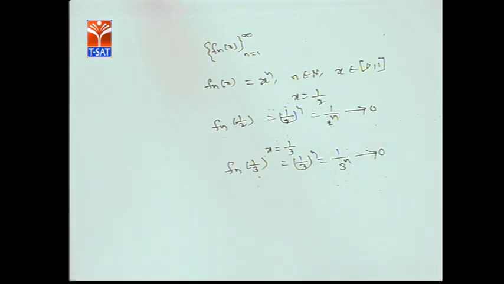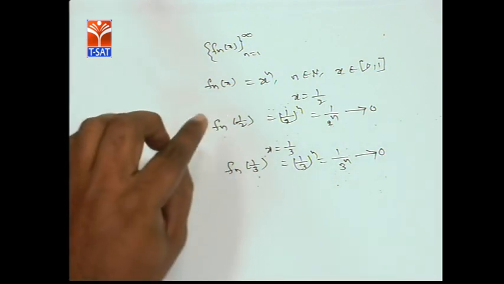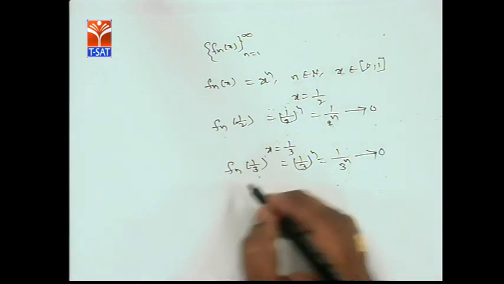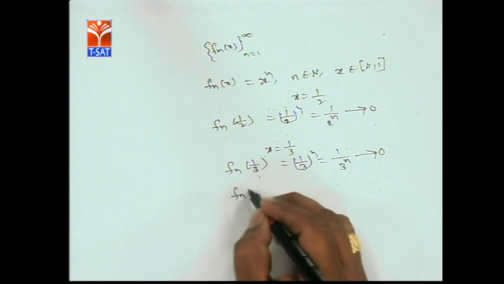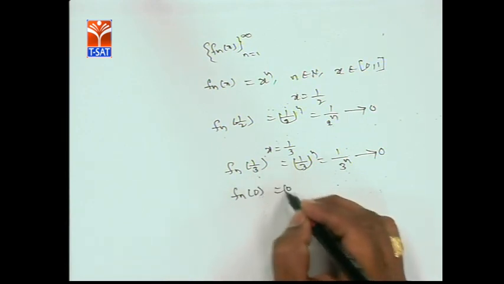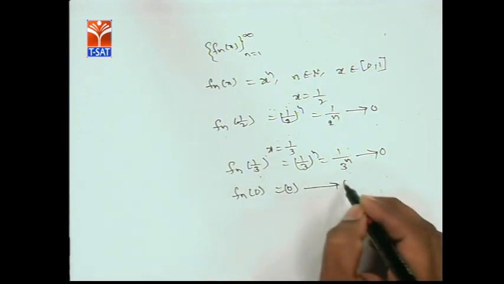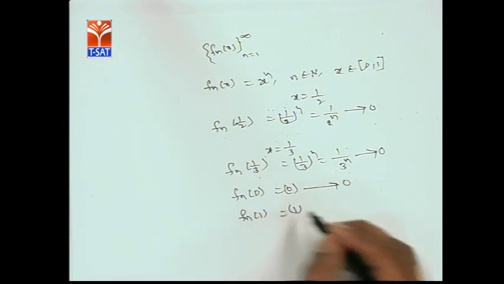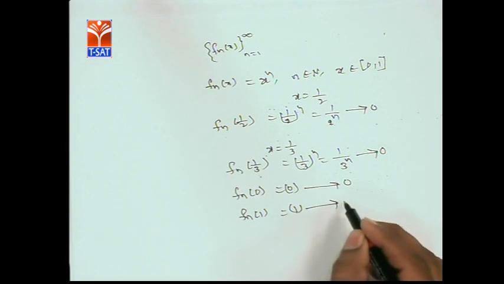That means if we fix the x value, then fn of x is a sequence of real numbers. Now suppose you take x equal to 0, then fn of 0 is 0. This is a constant sequence which converges to 0. And fn of 1 is 1, a sequence of real numbers, which is a constant sequence which converges to 1.